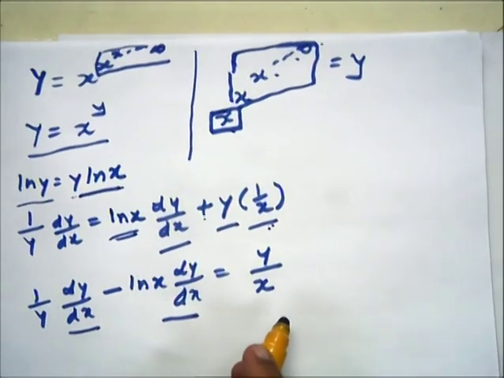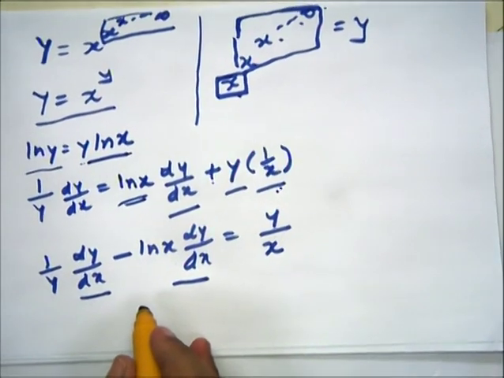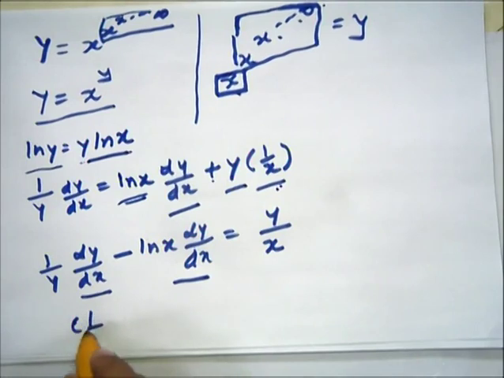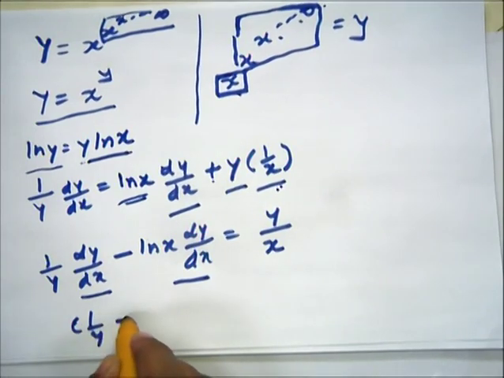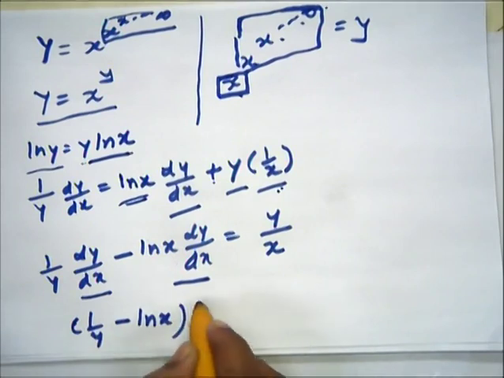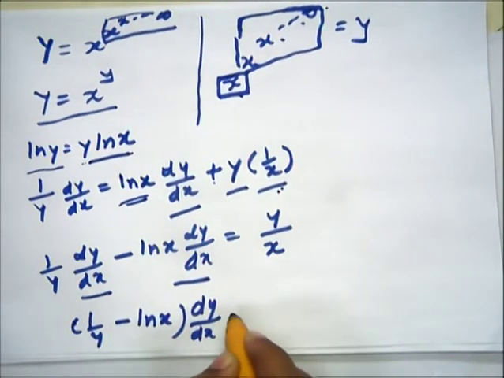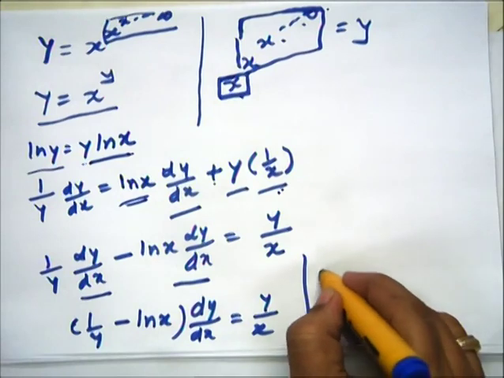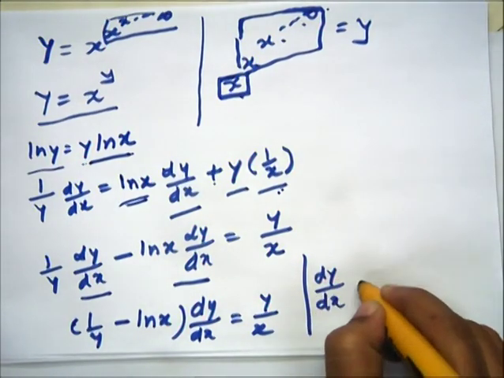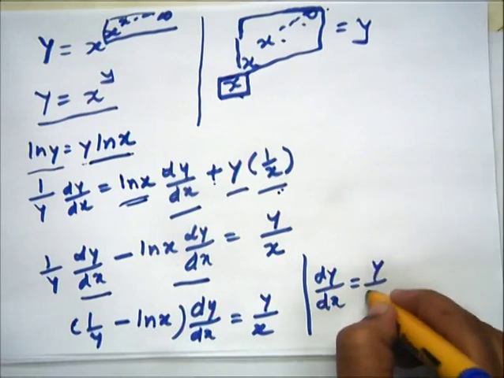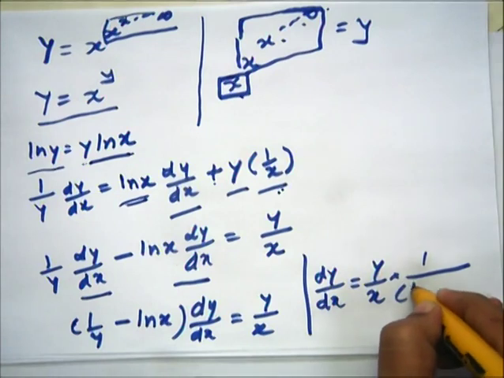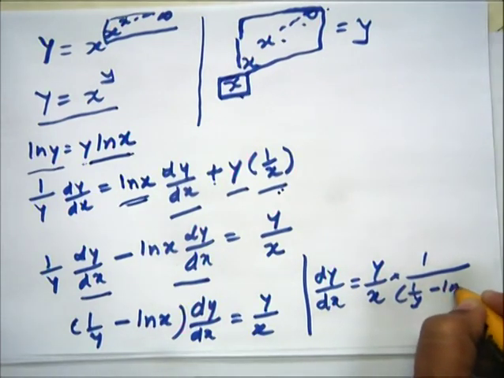If we take dy by dx common, we have 1 upon y minus log x into dy by dx is equal to y upon x. So if we take this on the opposite side, we have dy by dx is equal to y upon x into 1 upon 1 by y minus log x.